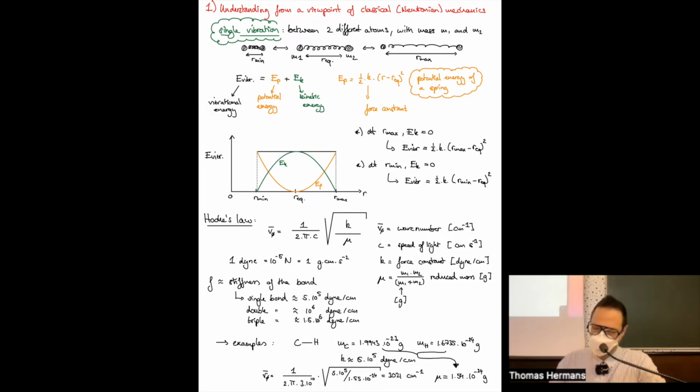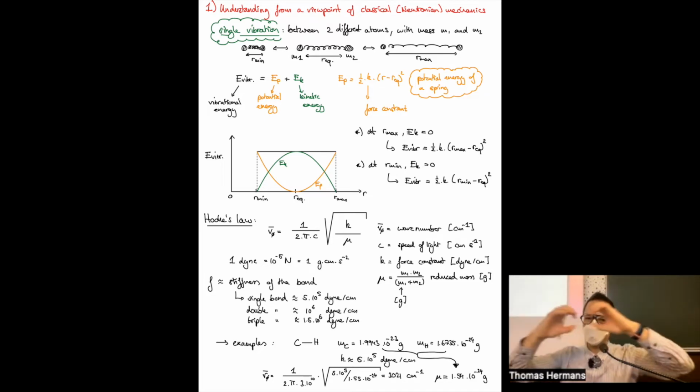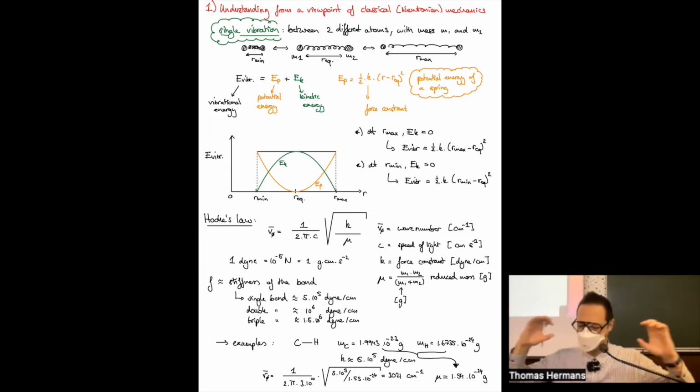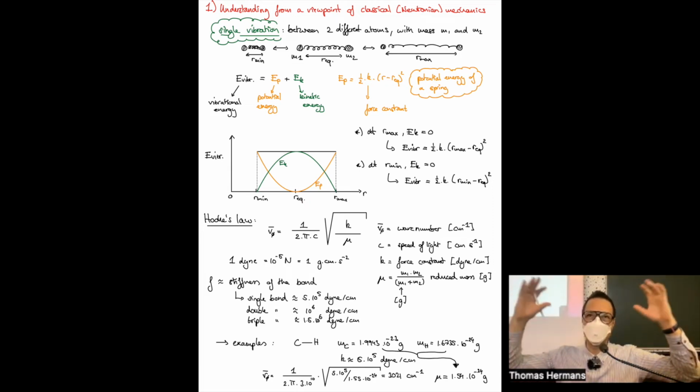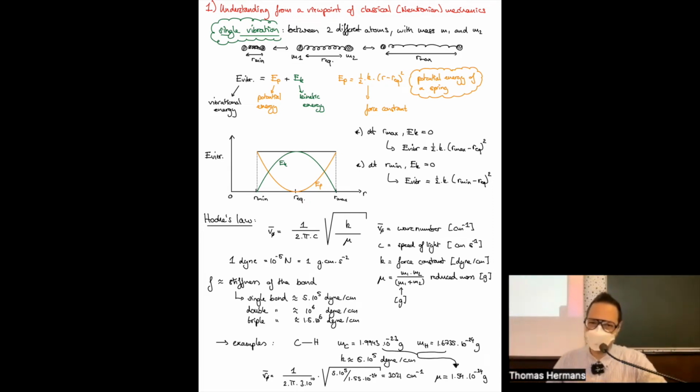Okay, so we're going to look basically at a little weight with a spring in between. So we have m1, m2. Really think of two weights with a mechanical spring between them that are floating in space, so they're not attached to anything except for each other. And so they will have some kind of equilibrium distance that I will call R equilibrium.